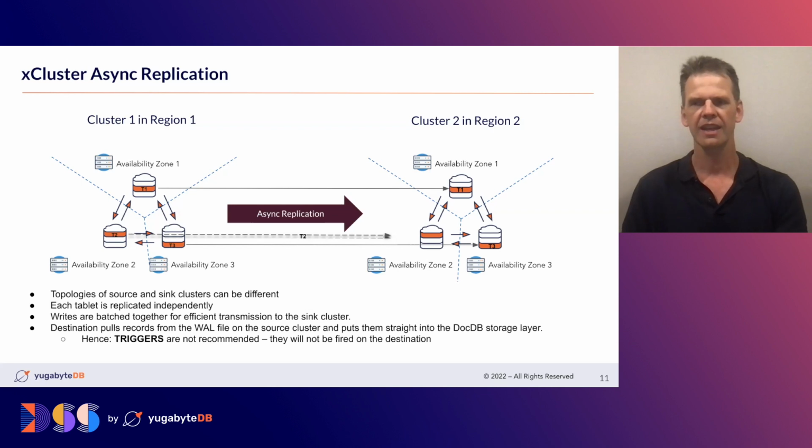Because we're inserting that data directly into that underlying storage tier, things that happen at higher layers, like triggers in SQL, don't get fired. So if you have triggers, this probably isn't a good use case for you, because the trigger will get fired on the source cluster, but won't necessarily get fired on the destination cluster. There are some cases that's fine. There's other cases where that's not necessarily a good idea.